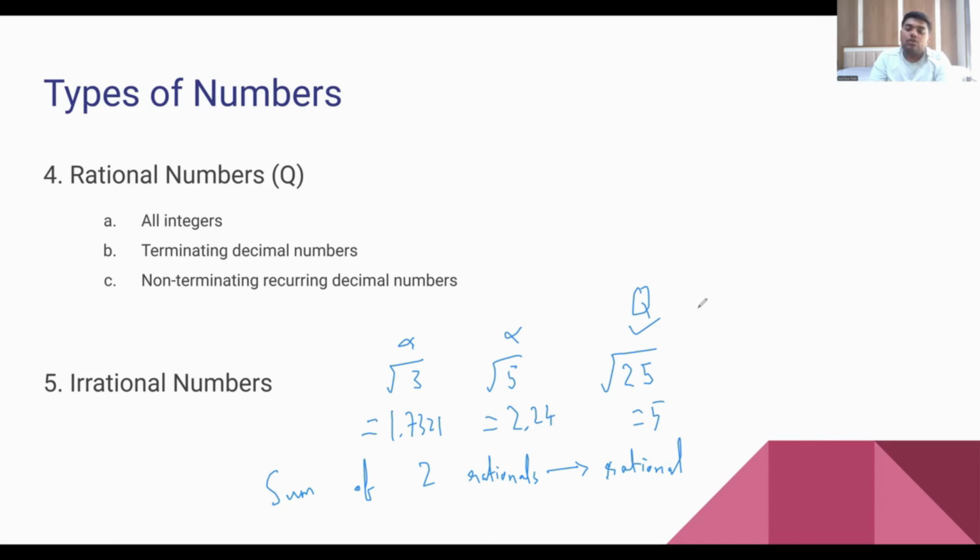But it won't be possible in one case, wherein the first irrational number is like this, and the second irrational number is the negative of the first one. So this will result in a zero, which is a rational number. Okay. So this is pretty much it about the irrational numbers.